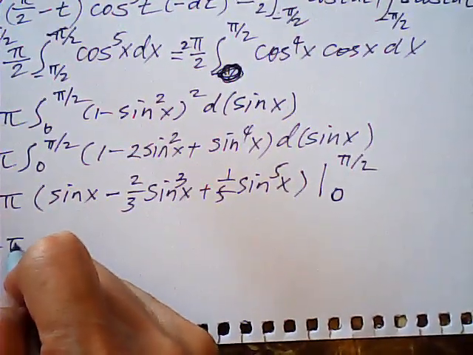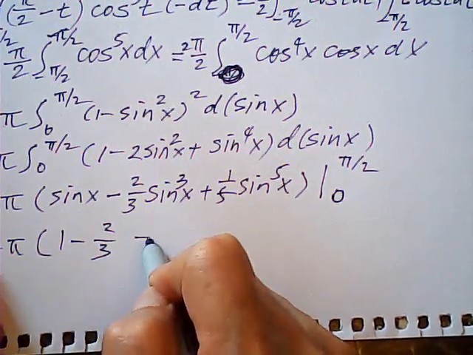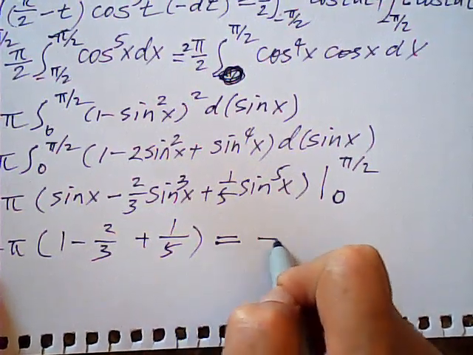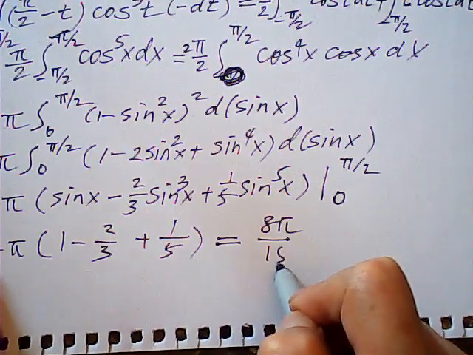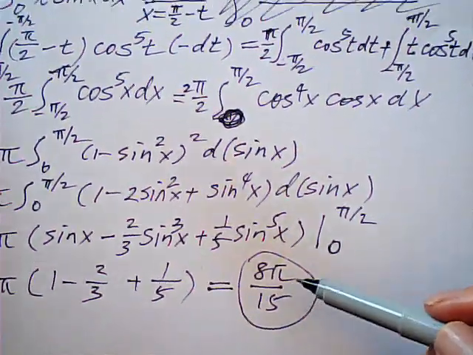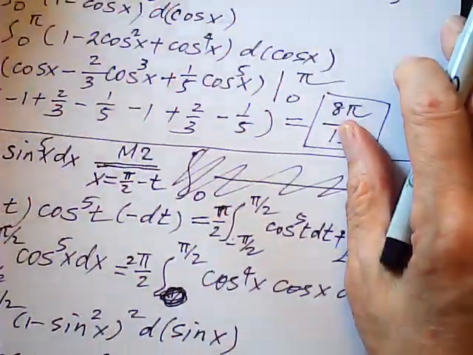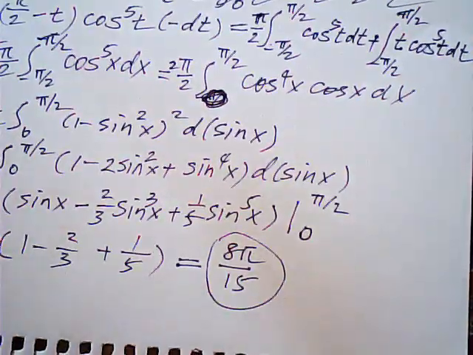So this one is equal to pi times 1 minus 2 over 3 plus 1 over 5. Yeah, that is equal to the same thing, 8 pi over 15. Okay, this is a nice method, as good as the first one. Thank you for watching.